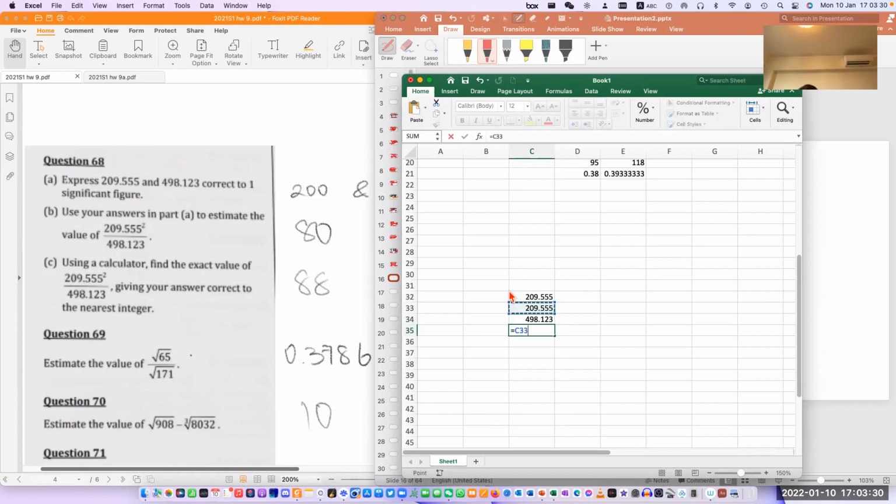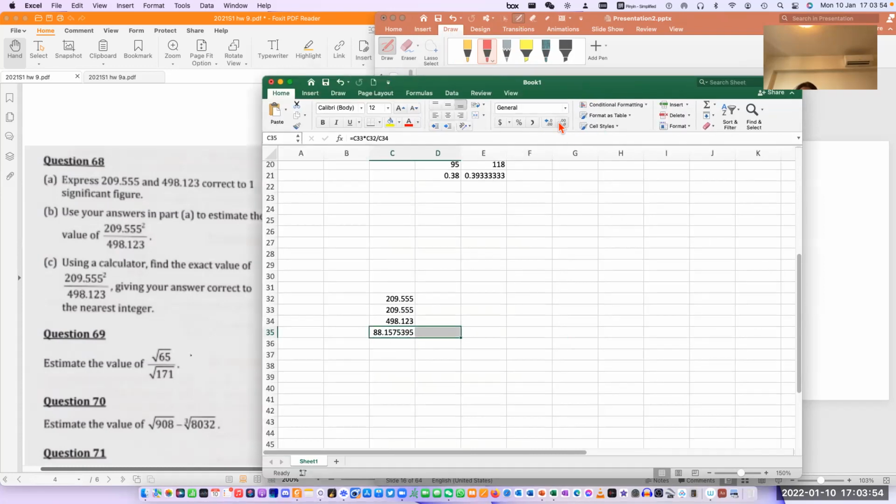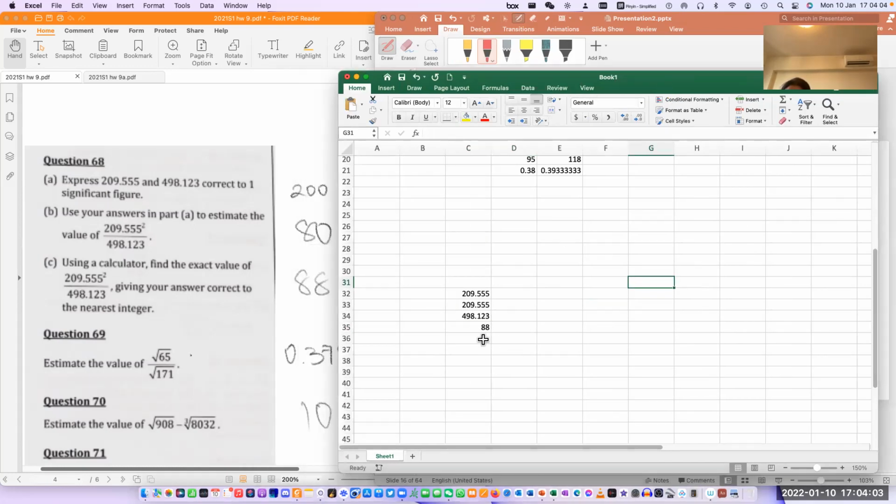I will multiply these two together first, then divide by this. So I will get 88.157. If you round this to a whole number, actually there is a feature here you can use to auto round it. You see? So it's 88. Can you see it's 88?